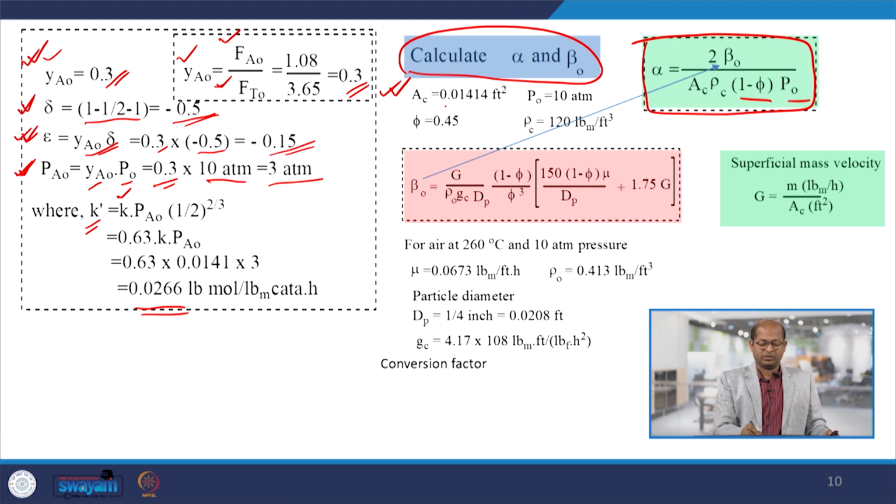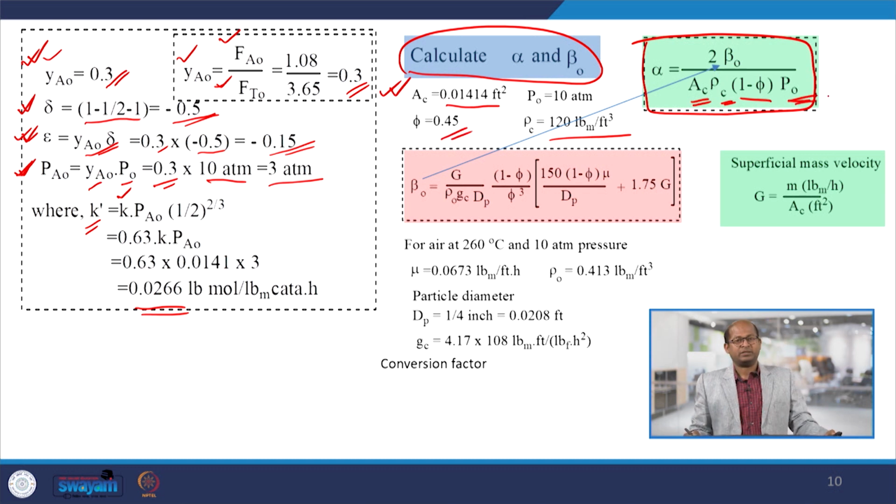The density of the catalyst particles is also given, 120 pound mass per cubic feet. Phi is also given, and P 0 is the total pressure of the system, which we know. So these components are known, but only the beta 0 value is unknown. If we know beta 0, then we can calculate alpha.